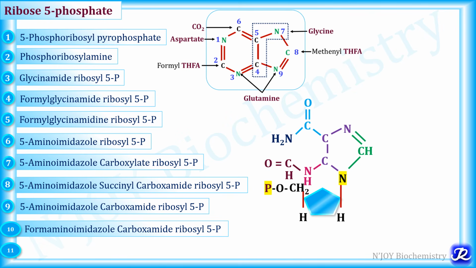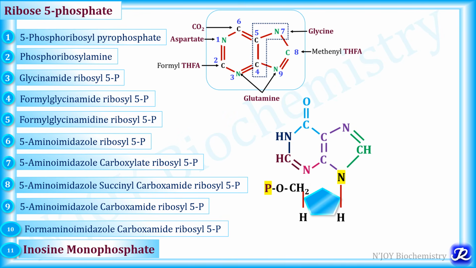And in the 11th step, there is ring closure and there is formation of inosine monophosphate. So these are the various 11 steps of purine biosynthesis, and further from this IMP, AMP and GMP are synthesized.